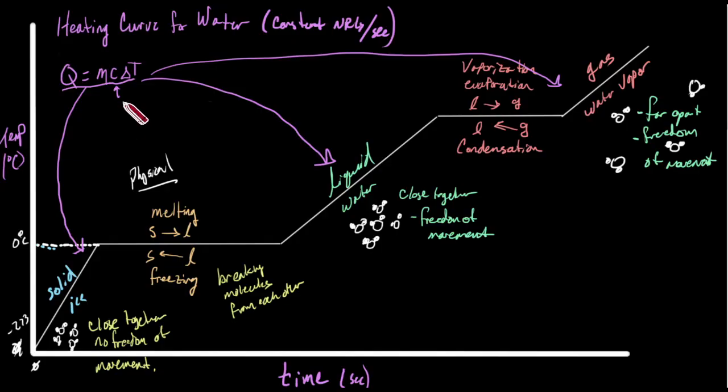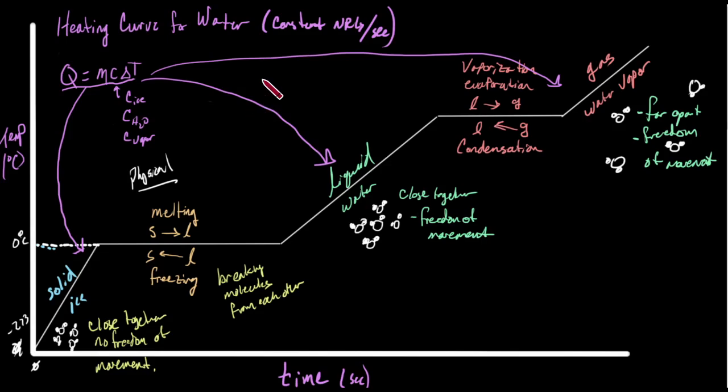There will be a specific heat of ice, a specific heat of water, and a specific heat of vapor. That's why they have different slopes: if we're adding energy at the same rate, the increase in temperature will change differently, and that's based on the specific heat.